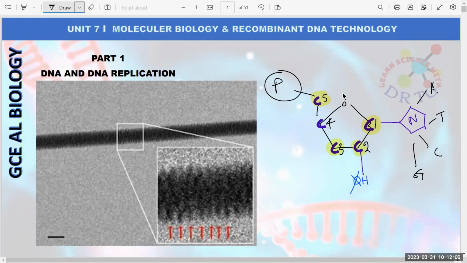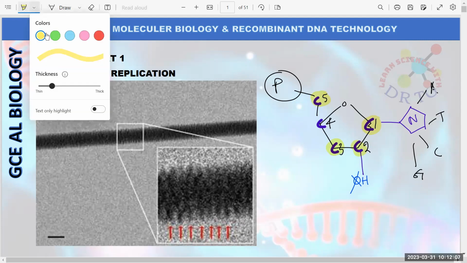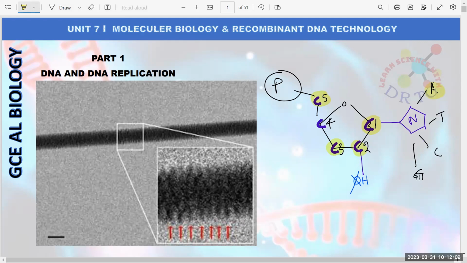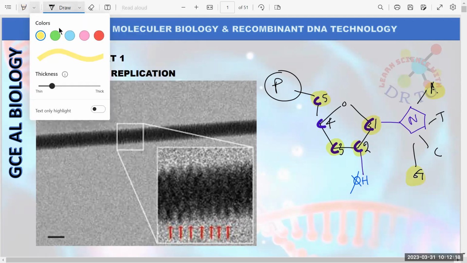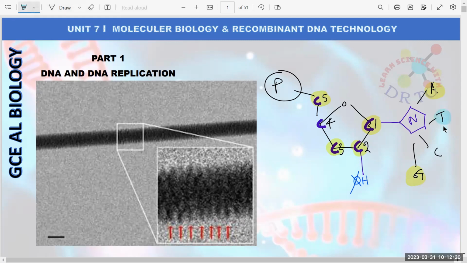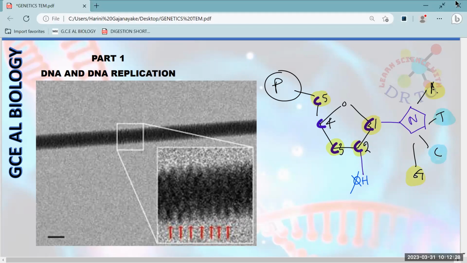Adenine and guanine, these two have 2 rings, and we call them purines. And cytosine and thymine have 1 ring, so we call them pyrimidines. So cytosine and thymine are pyrimidines, adenine and guanine are purines.